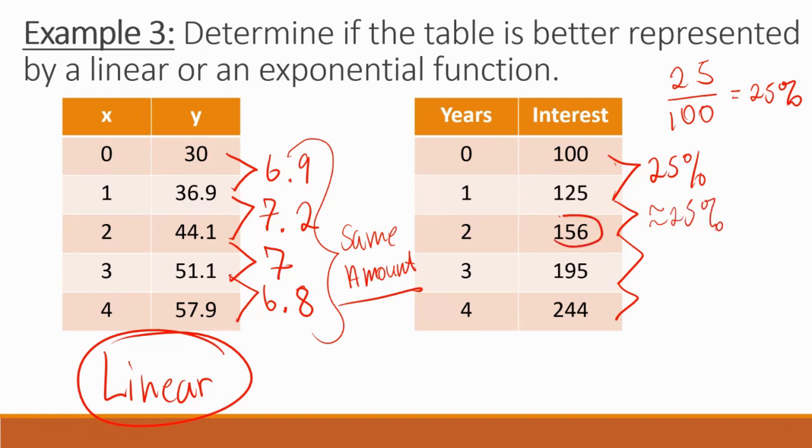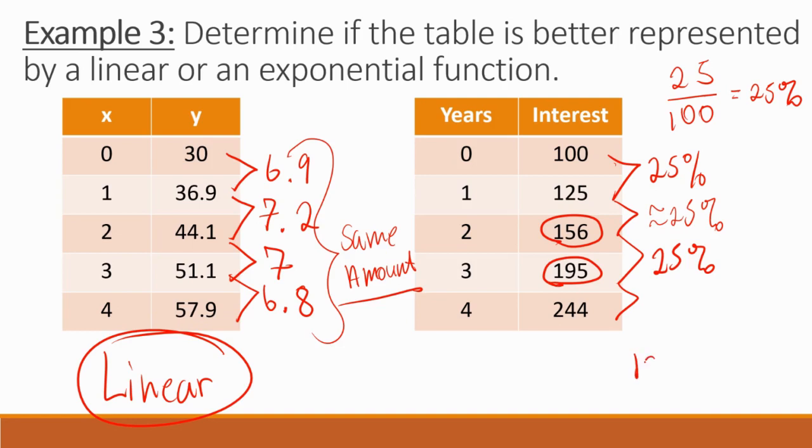All right, what's 25% of 156? Well, if I multiply that out, 156 times 0.25, I get 39. And that's the amount that I go up by. So yeah, I increase by 25% again. And then from 195 to 244, well, what's 25% of 195?